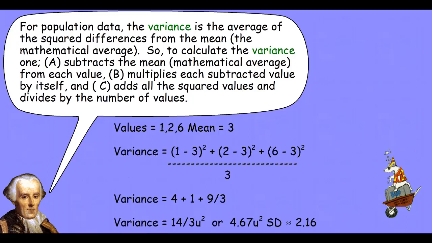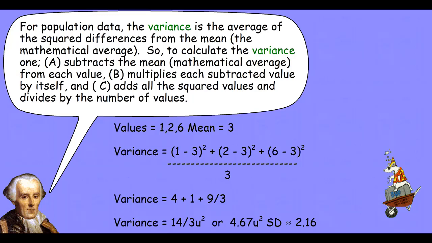So suppose we have a population that has the following values: 1, 2, and 6. The mathematical average, or the mean, for those values is 3. We can then calculate the variance with that equation that starts right here. We take each value, subtract the mean, and square it.